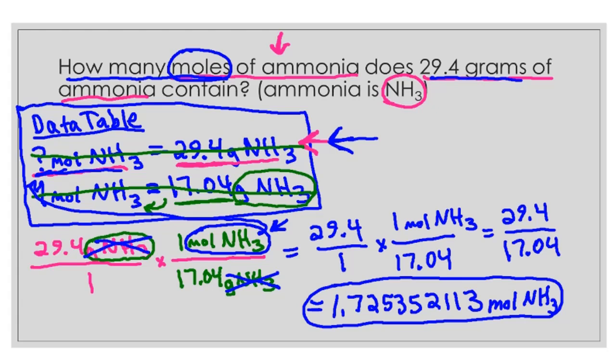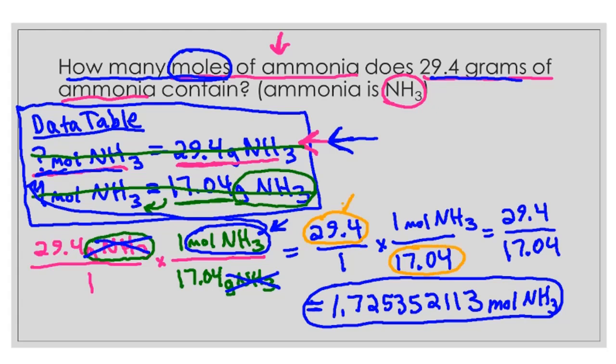Now with this, don't forget to round to sig figs, and in sig figs, since we're multiplying this, we're going to round it to the least number of sig figs that we have in our equation. The least number of sig figs is going to be 3, and that's from the 29.4, because as you can see, we have 29.4, that's 3 sig figs, and we also have 17.04, that's 4 sig figs.